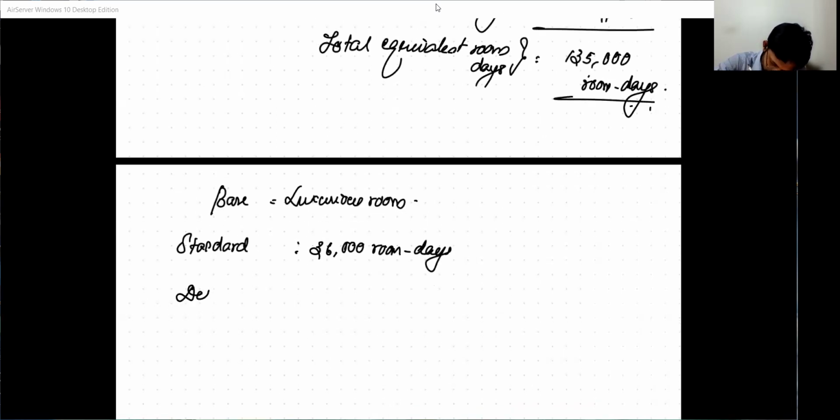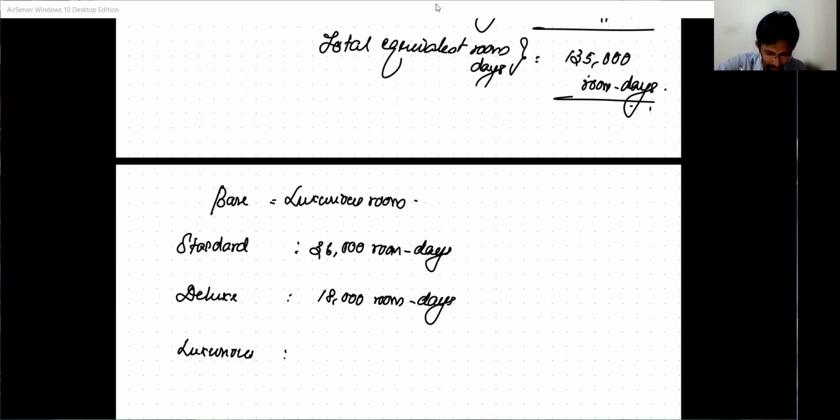Then deluxe, you have 18,000 itself. Then you have luxurious, which will be 10,800 room days.